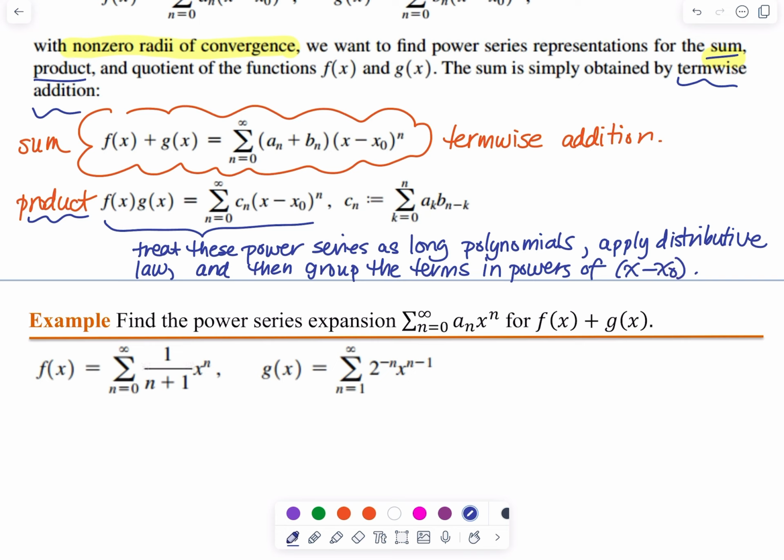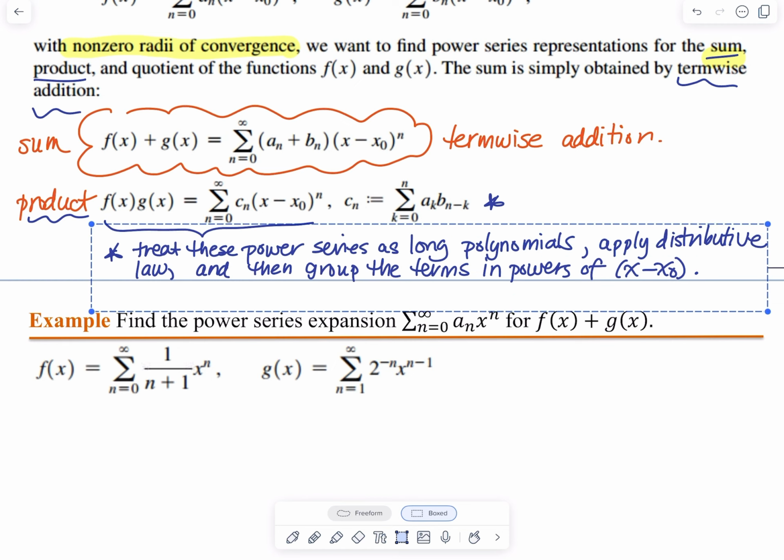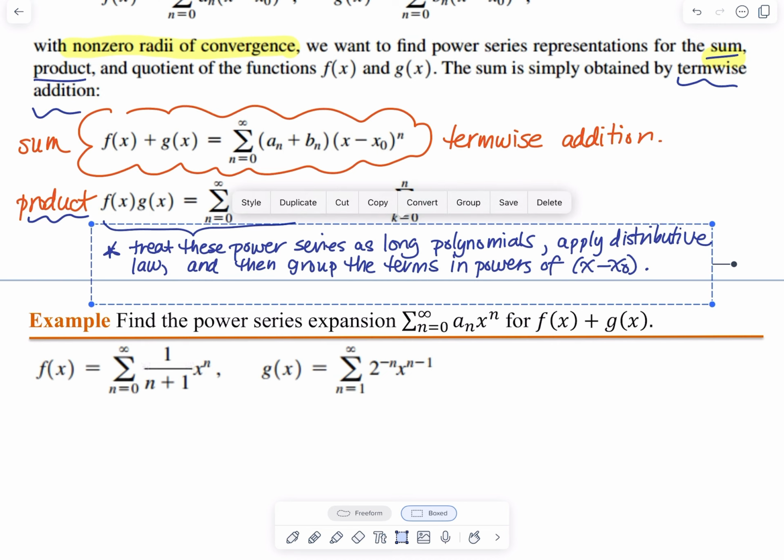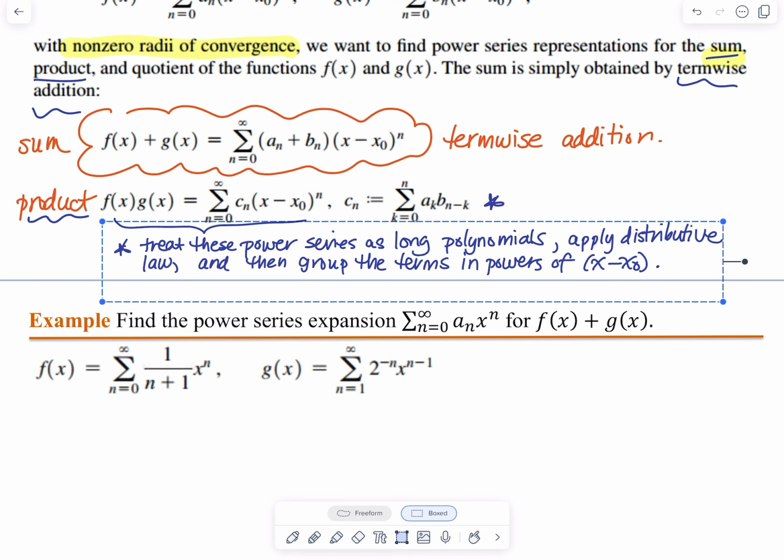It's not going to be that difficult, but we will definitely be able to come up with these products, and it won't be too complicated.